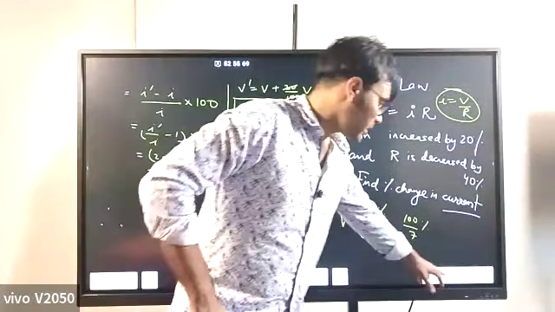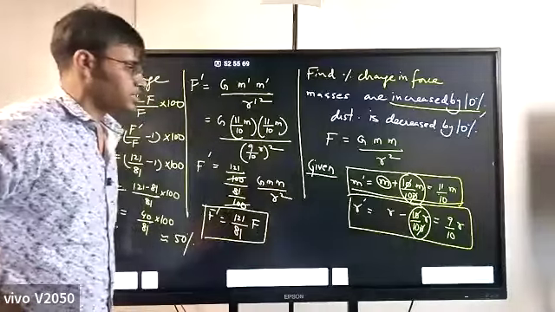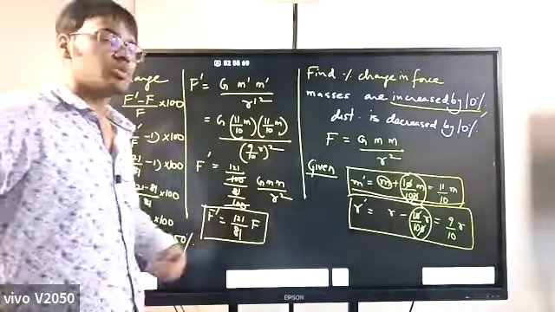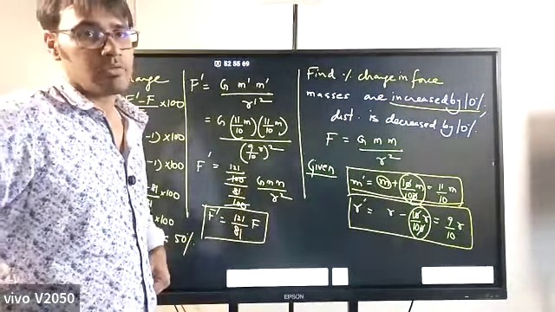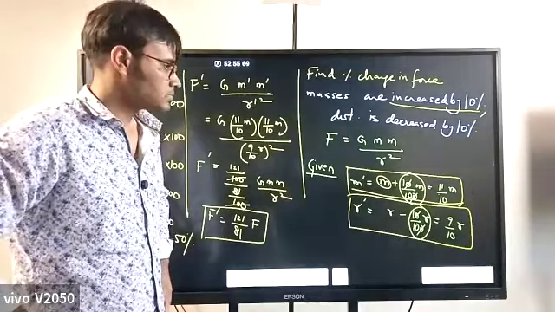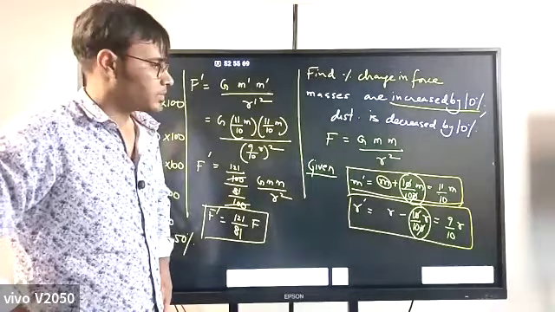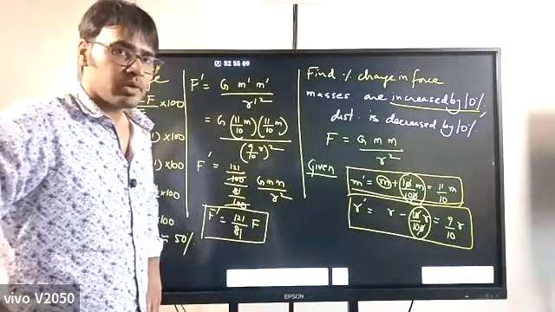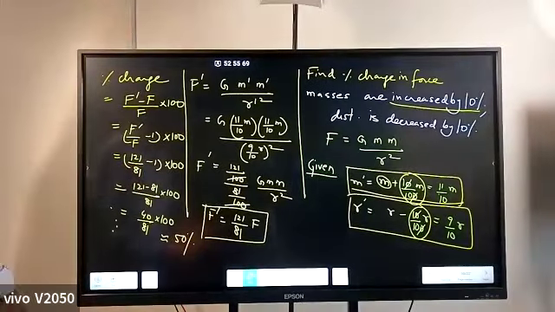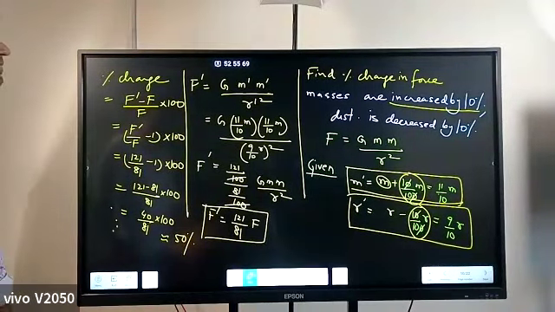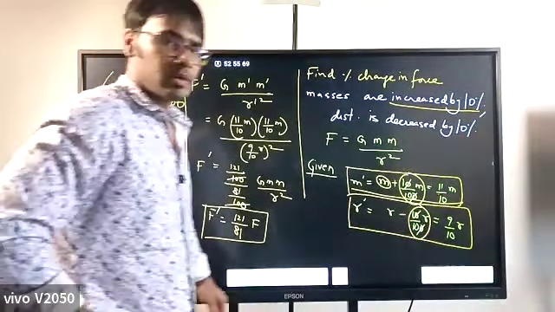Check the calculation. One student is asking me to show the previous slide. You can check it. But my suggestion is you do the calculation yourself to gain confidence. Absolutely clear? 100%. You can take a screenshot if you wish. Okay.